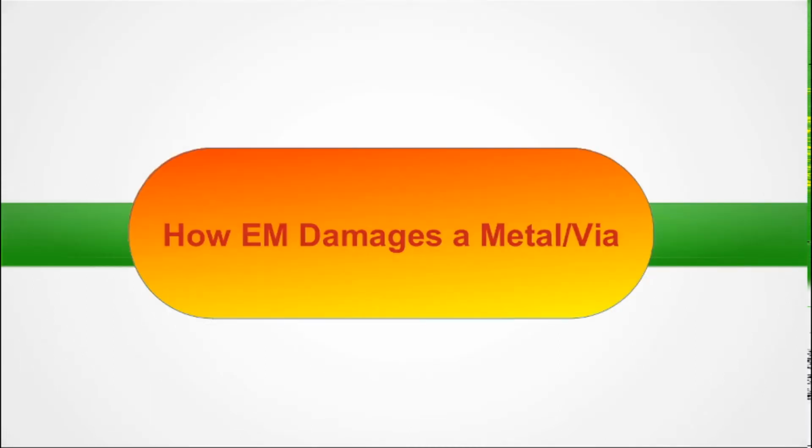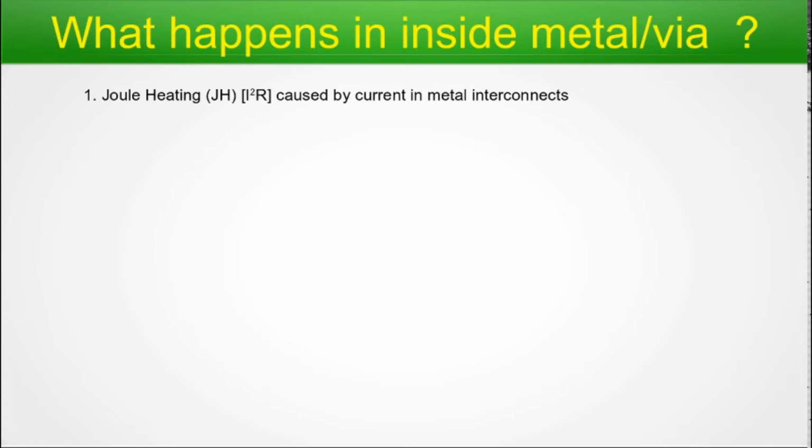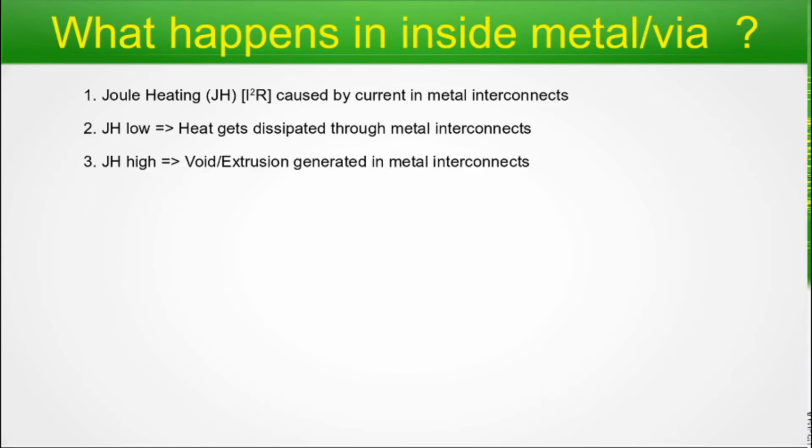So let's see how EM damages a metal or a via. What happens inside? First, the Joule heating, I squared R, caused by the currents in metal interconnects. If this heat is low, heat gets dissipated through the metal interconnects. If this is high, voids or extrusions get generated in metal interconnects or vias.